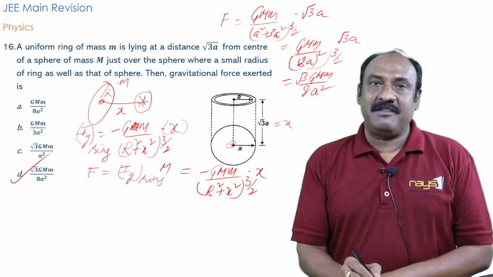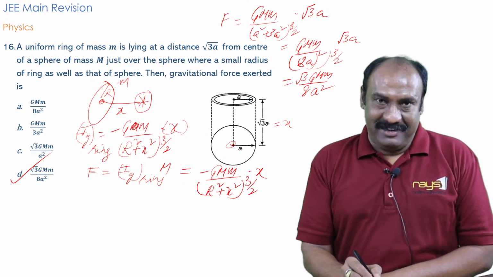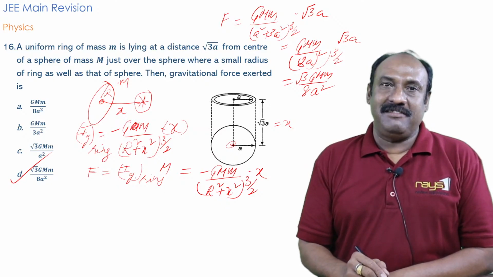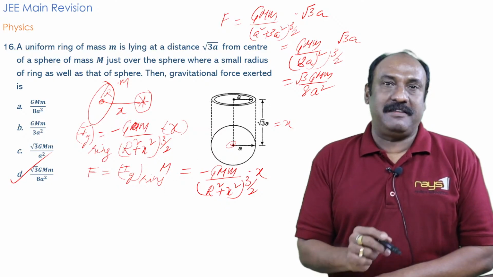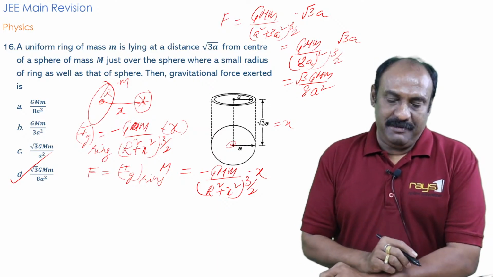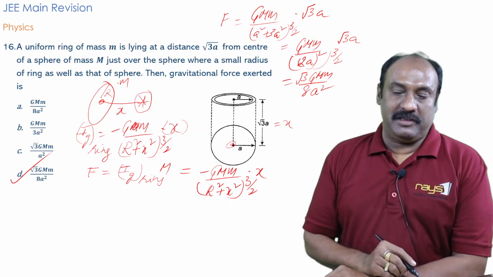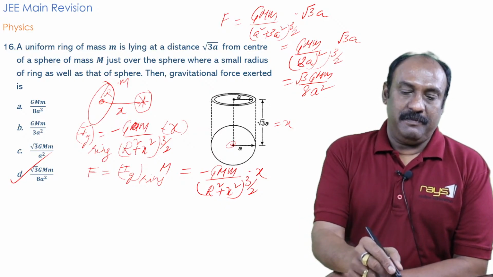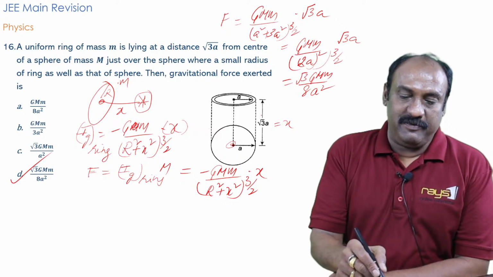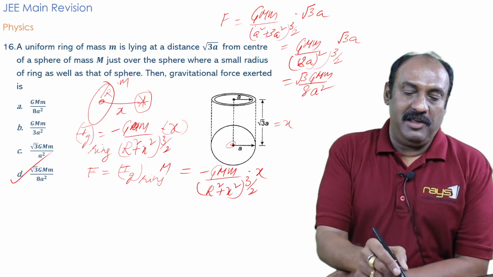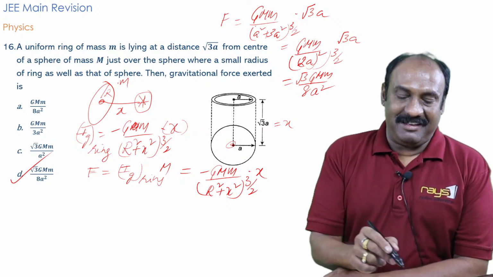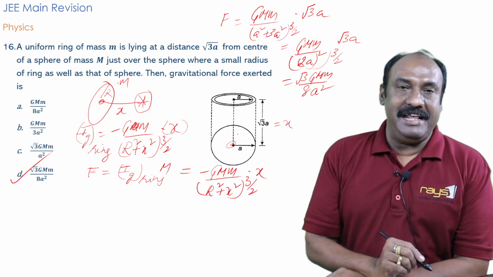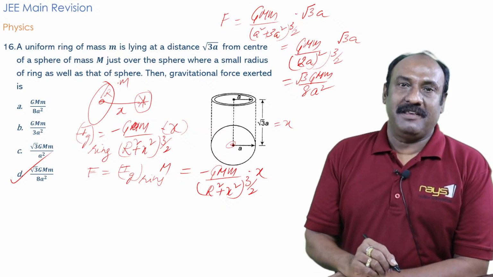The force experienced by this mass is equal to the gravitational intensity due to the ring multiplied by the mass kept at that point, that is minus GMm by (r square plus x square) whole to the power 3 by 2 into x. Substituting x as root 3a and r as a, we get the force experienced by the sphere due to this ring as root 3 GMm by 8a square, which is the answer for question number 16.